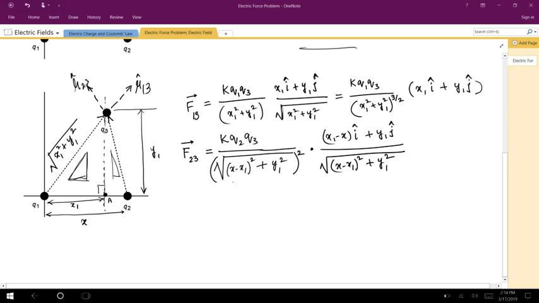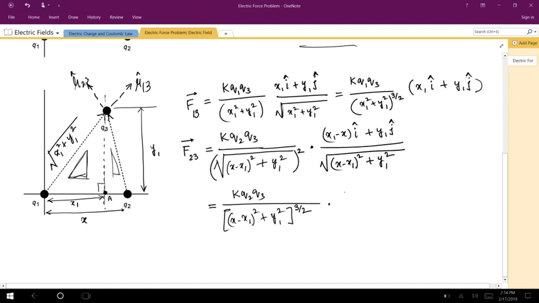By the way, in the denominator, it doesn't matter if you write x minus x1 squared or x1 minus x squared, because when you square it, that minus sign just goes away. All right, let's put these two together, just like we did in the first case. So we will get k q2 q3 divided by x minus x1 squared plus y1 squared, this quantity raised to the power 3/2.